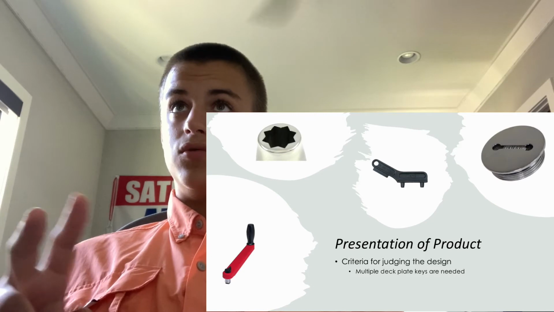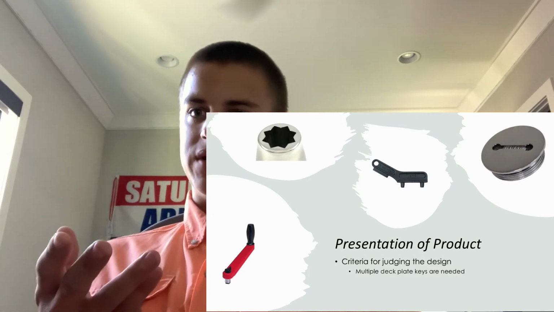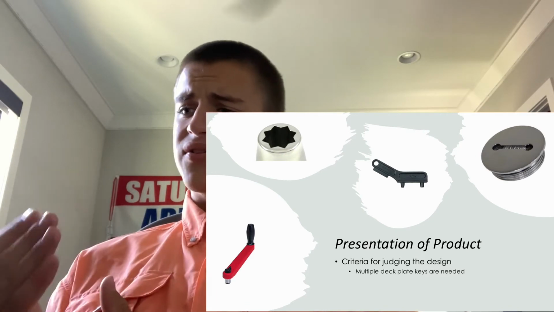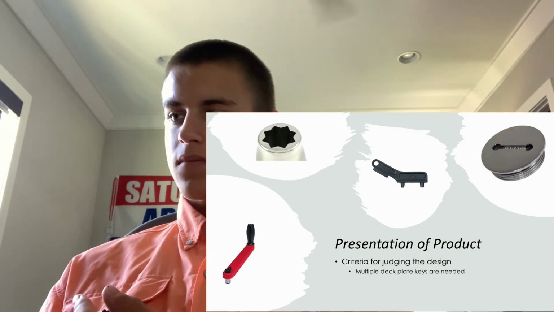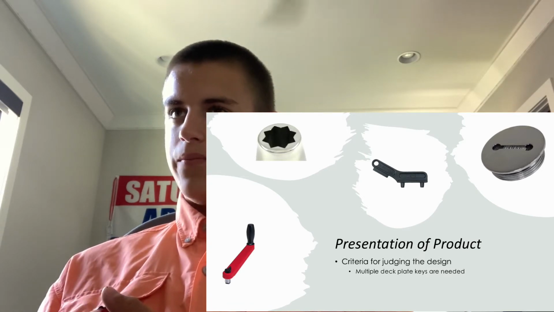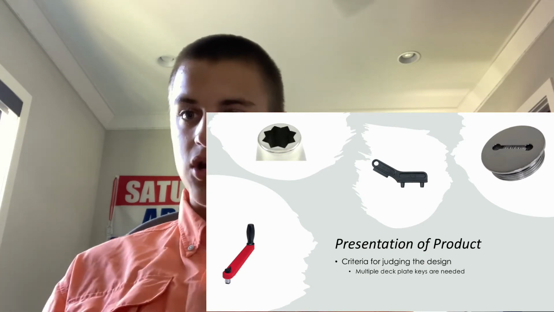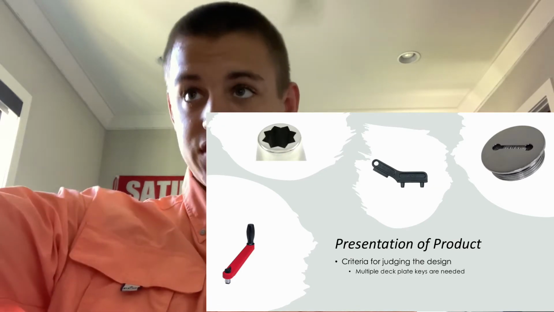Both of these tools are needed on a boat, and they're hard to find. Those are the tools that I go find myself looking for. And also I needed a knife to cut rope. That was my criteria for judging the design, so I would know that I had completed my goal when I got all those tools into a multi-tool.